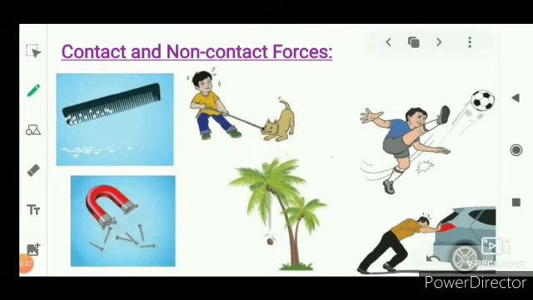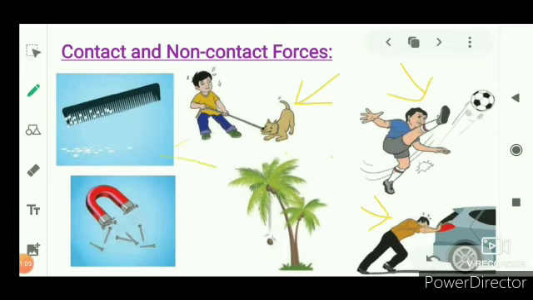Yes, you will say that the latter three figures are contact forces, because there is direct contact between the dog and boy, direct contact between the ball and a boy, and direct contact between a man and a car in these three figures. So whenever we apply a force through direct contact between two objects, we can say that the force is a contact force. Okay, a simple definition of this.